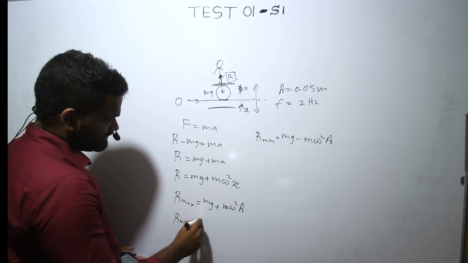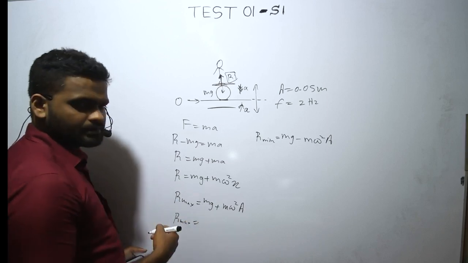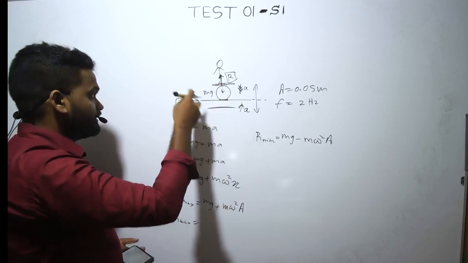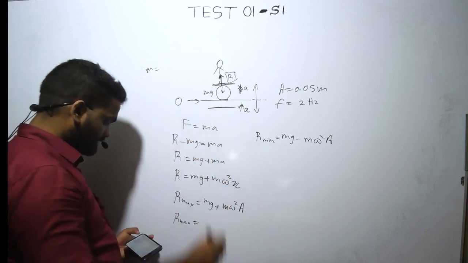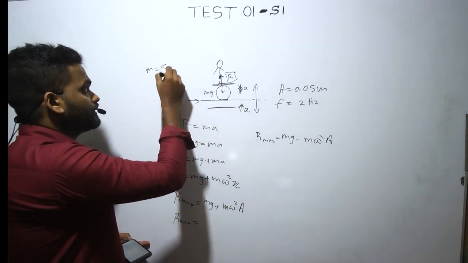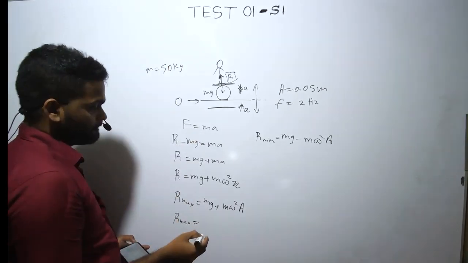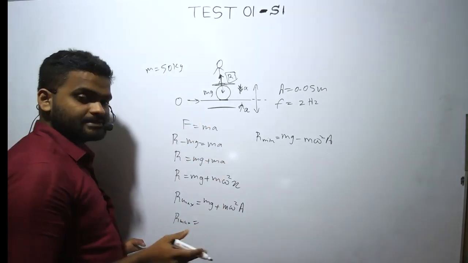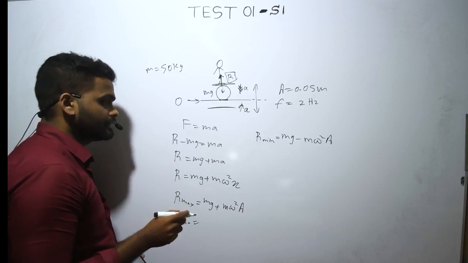So for R max, if you want, you can take M out. Anyway, M, they say it is 50 kilogram.